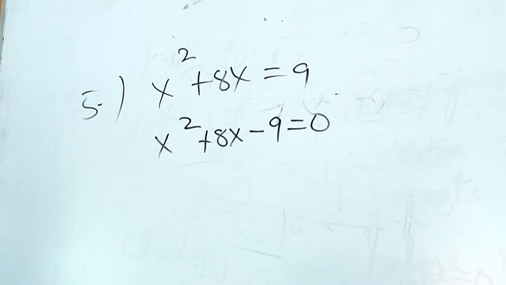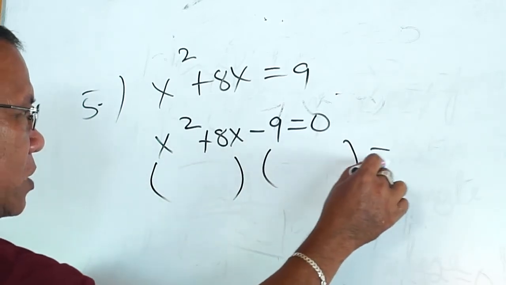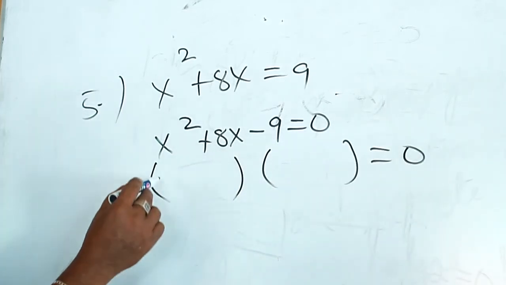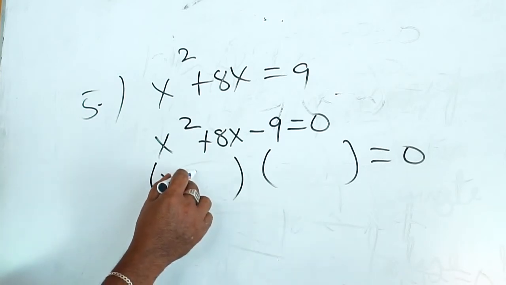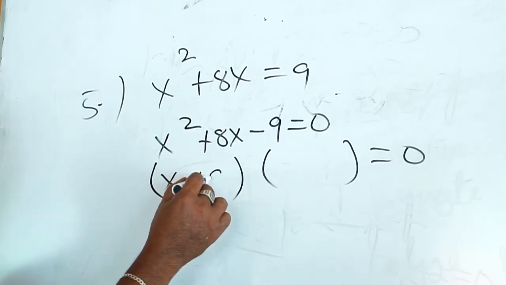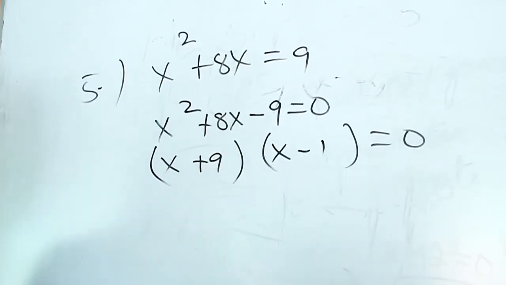Then find the two factors of x squared positive 8x negative 9 equals 0. We have two adjacent parentheses, so that is x and x. Then we have positive 9 and negative 1.